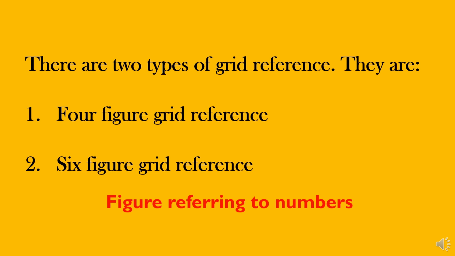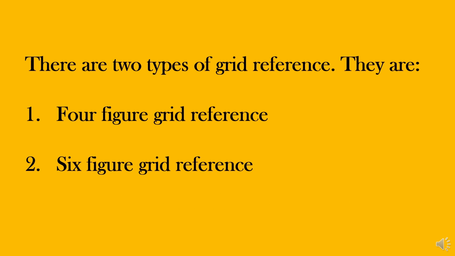By figure, we mean numbers. 4-figure grid reference, as the name suggests, contains 4 figures or numbers, 2 eastings and 2 northings. It is ideally employed in locating large landmarks such as a lake, settlement, or quarry. It is also suitable for locating buildings which are the only one of its kind within a particular grid square.